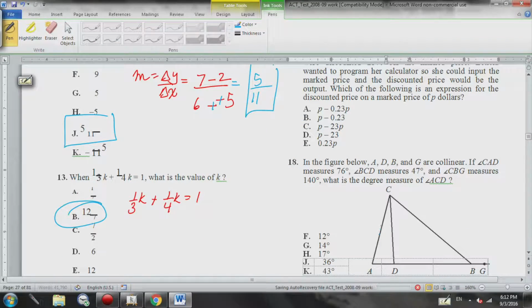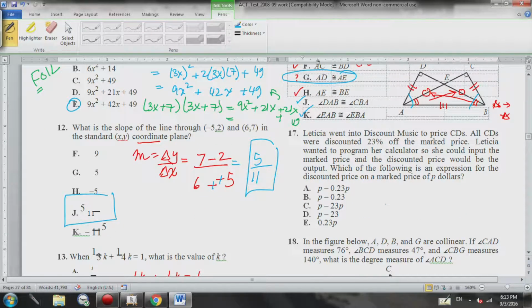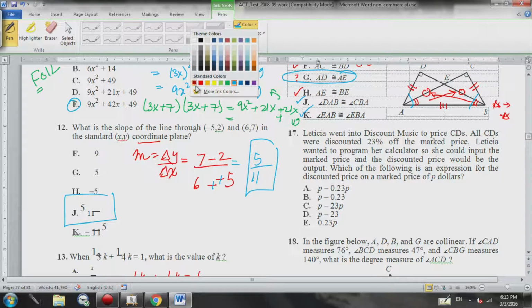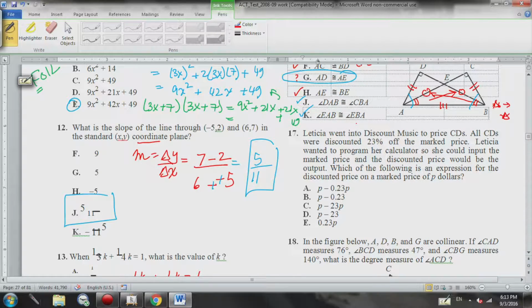Now look, number 17. Leticia went into a discount music store because she didn't know any better. Forgive her for that, to price CDs.